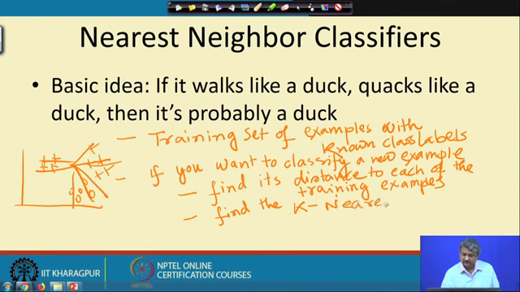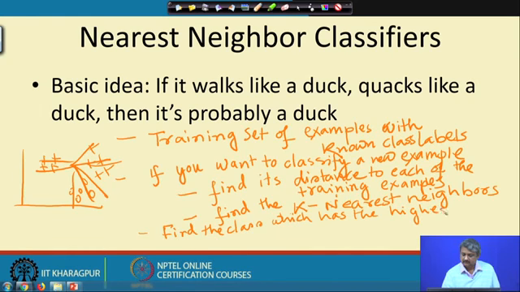K nearest neighbors, then find the class which has the highest number among these k examples, k neighbors.